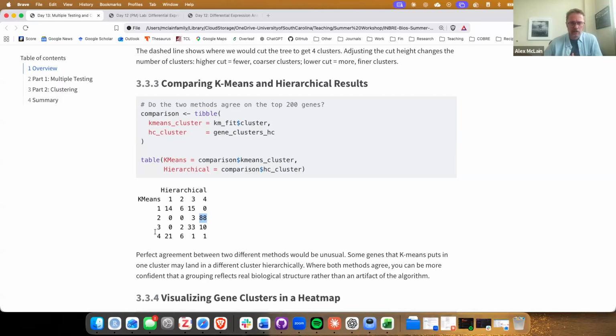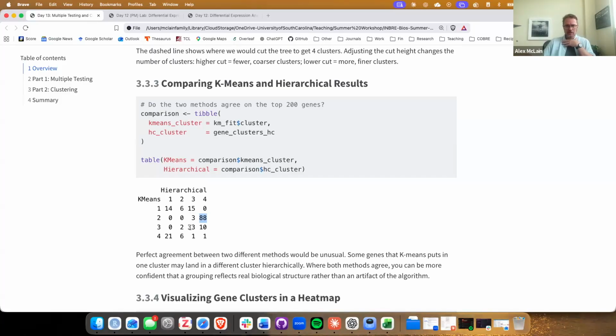What else did we have good agreement on? Cluster 4 in k-means was mostly in cluster 1 of hierarchical, but 1 of hierarchical also had a bunch from 1 from k-means. And so, hard to really differentiate there.